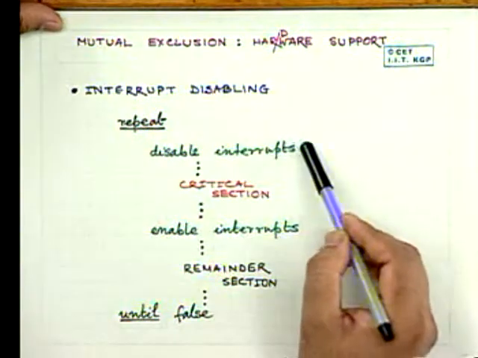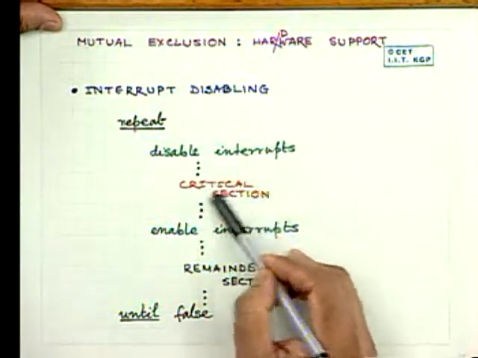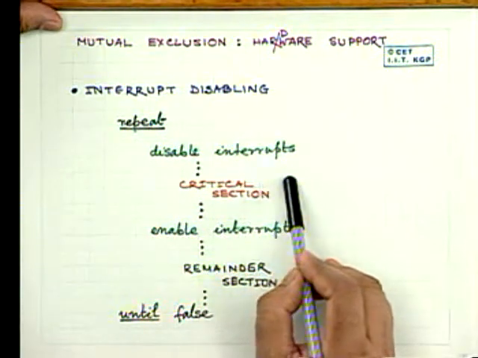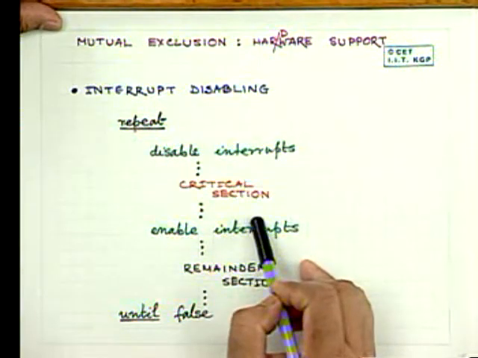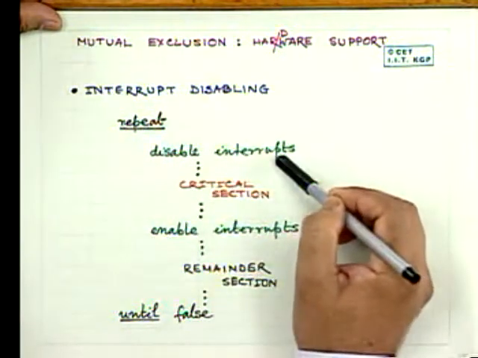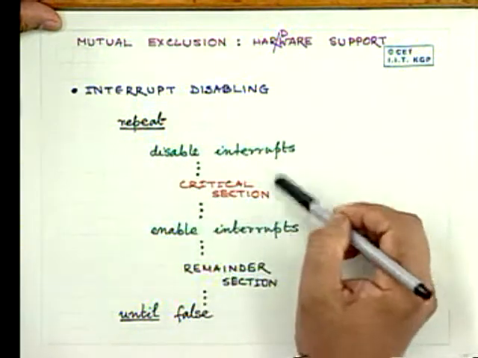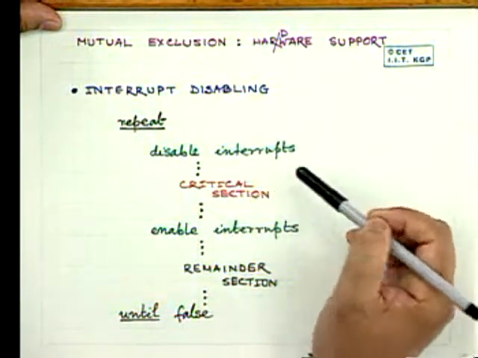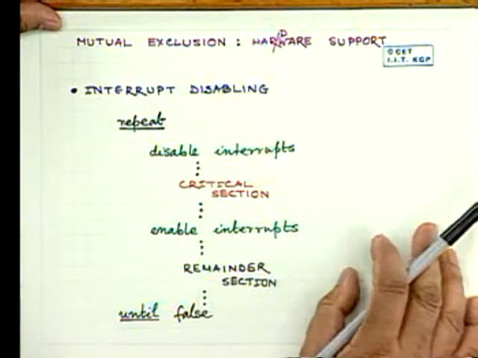Now, if this particular process is not preempted within its critical section, then naturally the entire critical section can be executed as an indivisible operation. That means it starts executing and finishes executing before any other process executes.